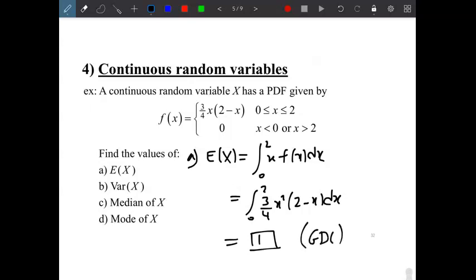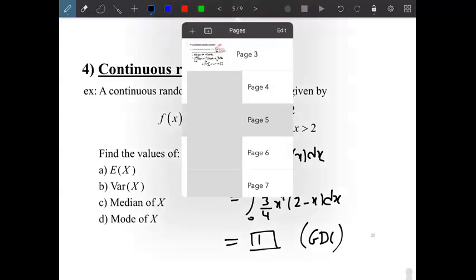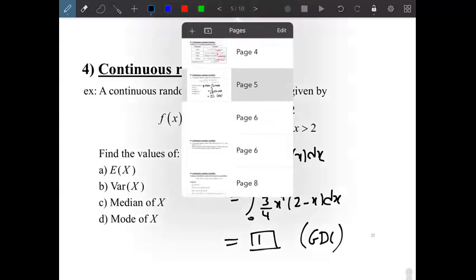In part B, we're asked to determine the variance. So over here in part B, we need to find V of x, which is defined as the integral between 0 and 2 of x minus the expectation, which we had equal to 1, times f of x dx.